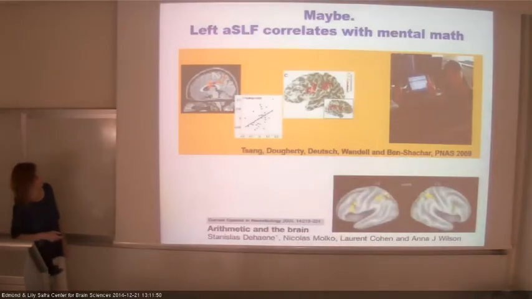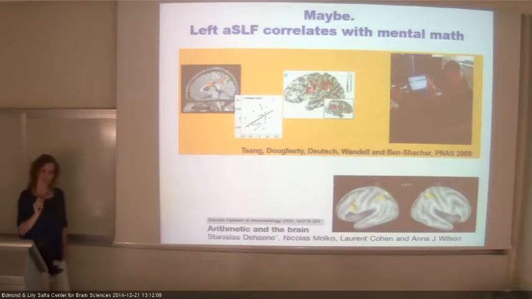And when we looked at mental math in the same group of kids, in only one of the years, we added some mental math tests, we can find a correlation in the frontoparietal segment with measurements of math, specifically when kids were required to estimate rather than calculate.